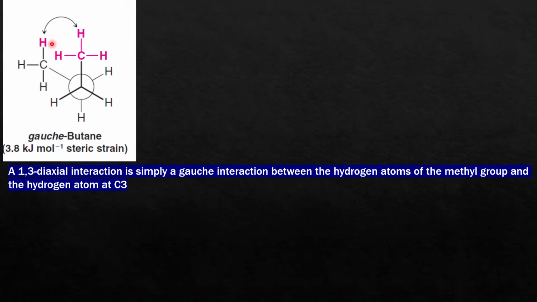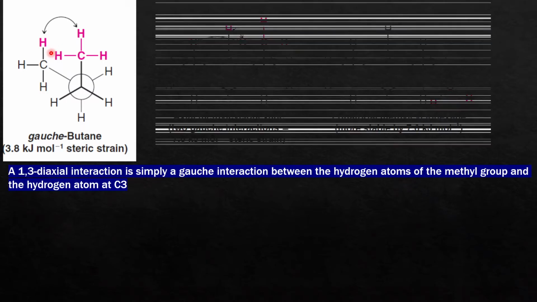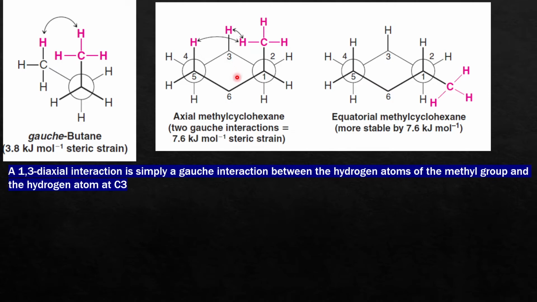interaction. Now I will show you that if you draw the Newman projection formula of the cyclohexane molecule, then you will see that this type of 1,3 interaction is basically present between these two hydrogens and between these two hydrogens in methyl substituted cyclohexane.